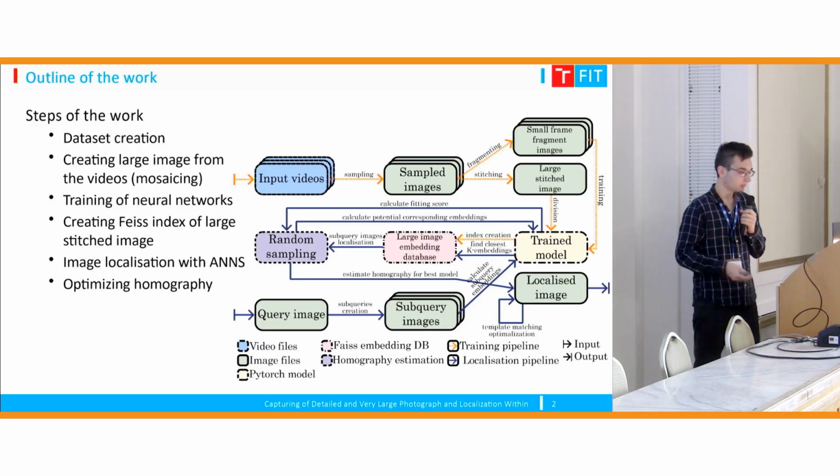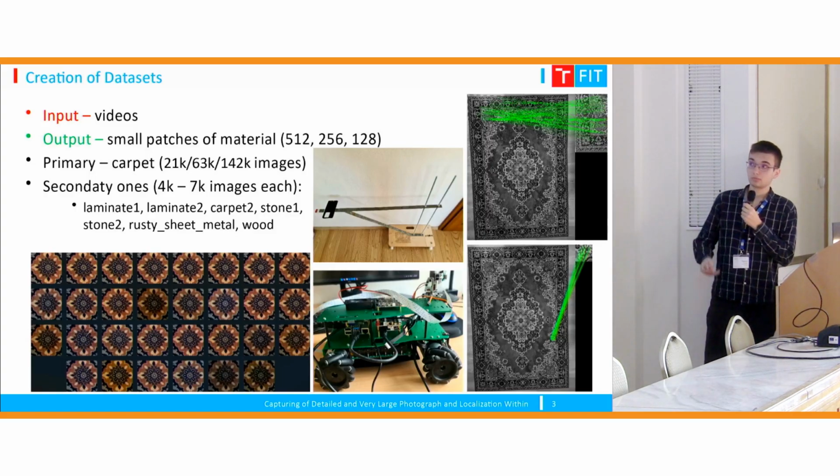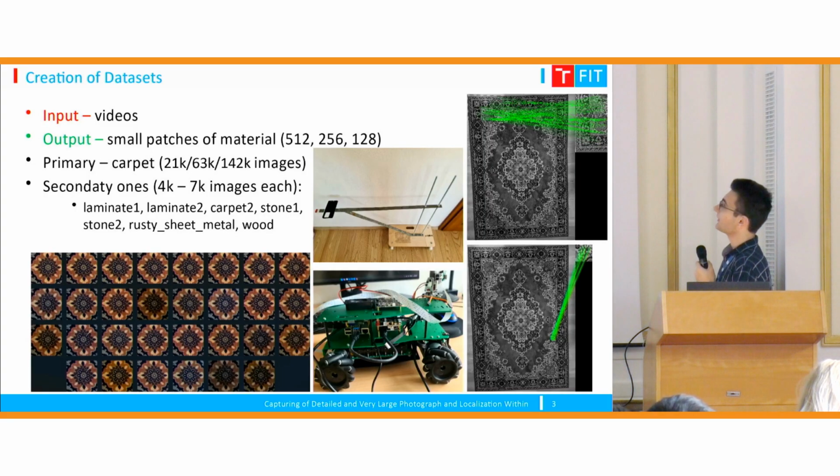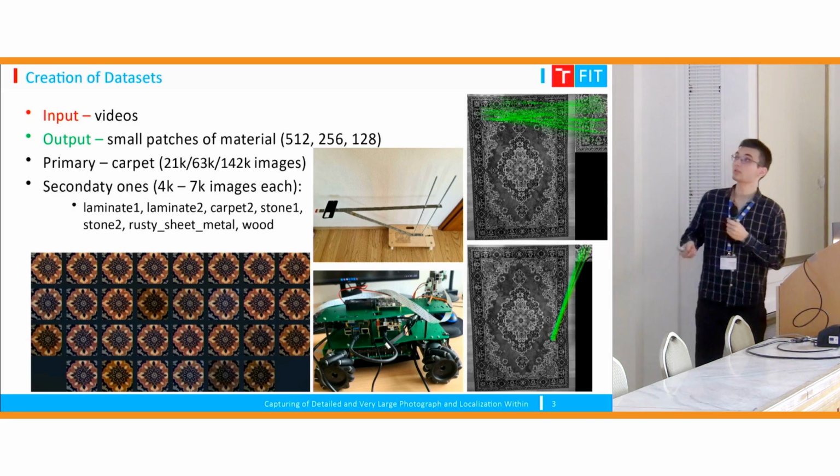There are a few steps of this work. The first one was to create a dataset of material. The best one I created was this giant Persian rug. It was created by using a device that goes up and down, collecting the images from the material. The results were very good.